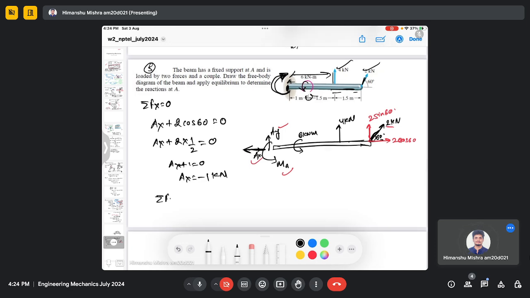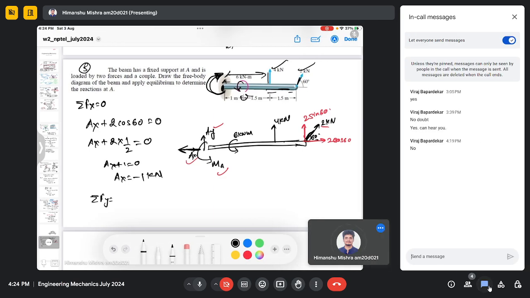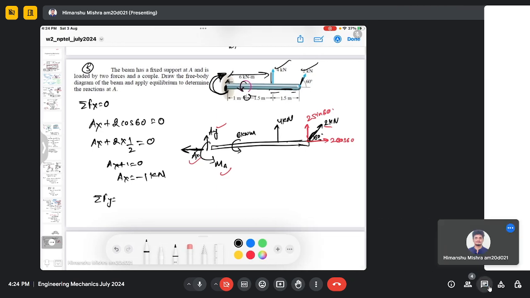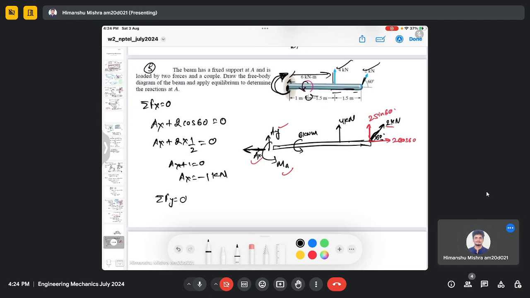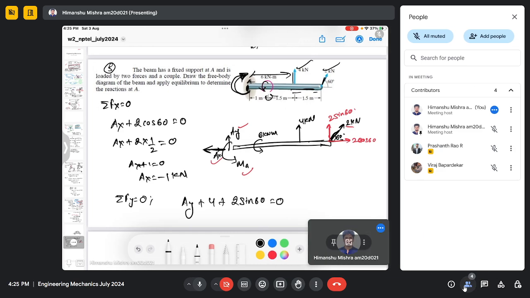Then we use the summation of force in the y direction, and we will equate it to 0. And we have a force Ay plus 4 plus 2 sine 60 equals to 0.